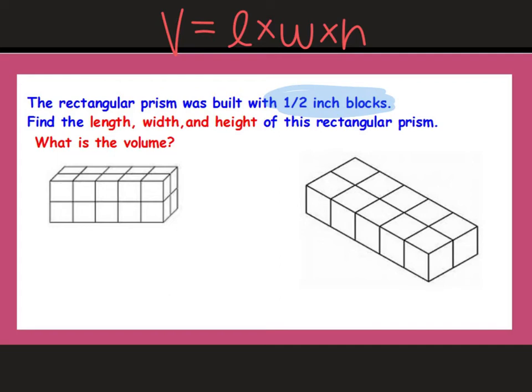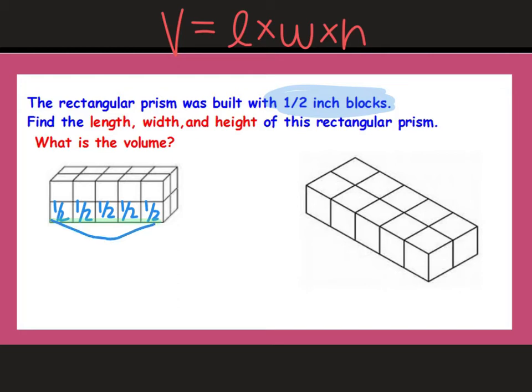So let's look at this first one on the left. It looks very similar to what we were doing yesterday. So like I said, each of these represents 1/2 of an inch. So when I'm looking at my length right here, instead of like yesterday, where we would just count 1, 2, 3, 4, 5, today we have to add our halves up.